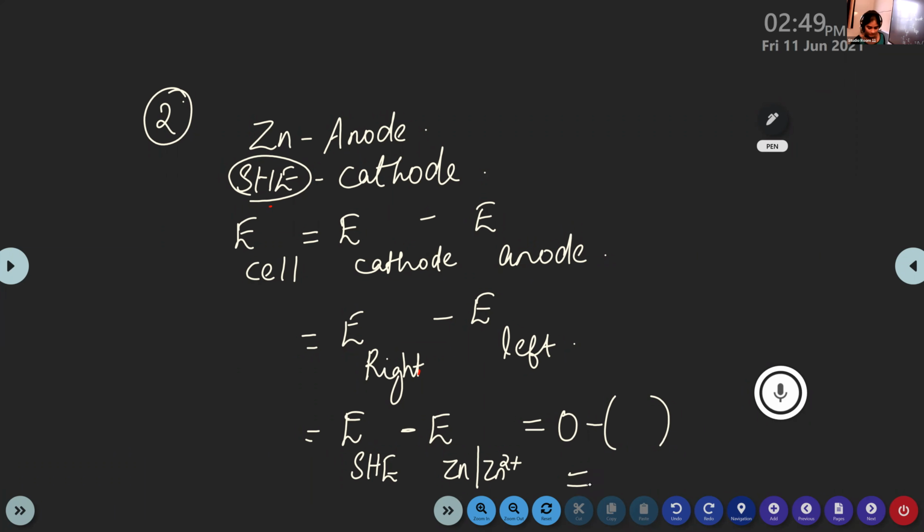And we can observe that its value is equal to minus 0.76 volt in the voltmeter. This is the cell potential of this chemical reaction, and from this we can realize that this minus 0.76 volt is the value of electrode potential of zinc.